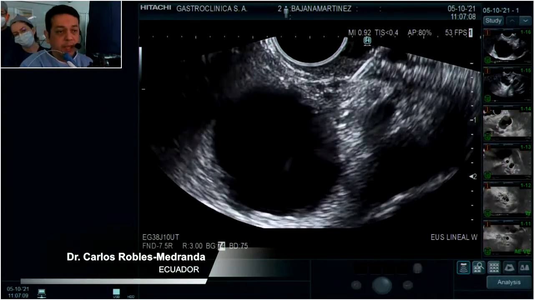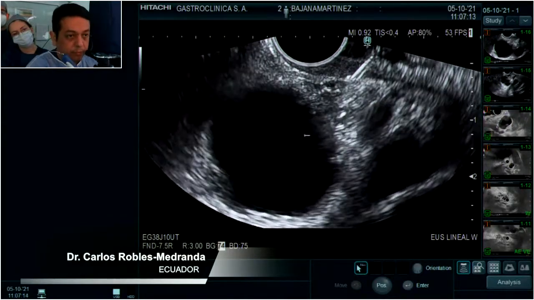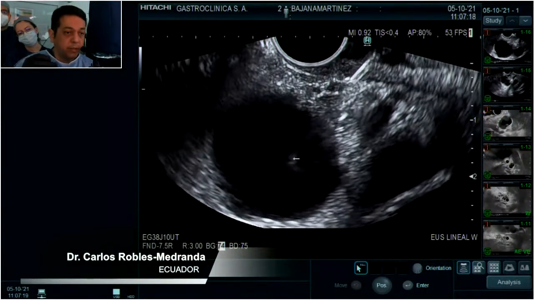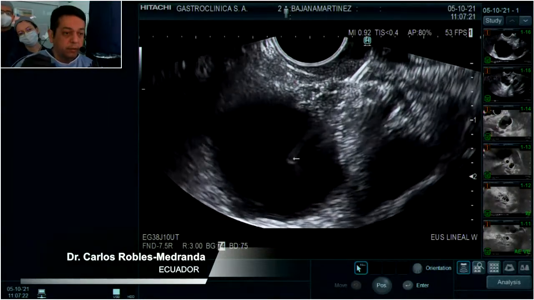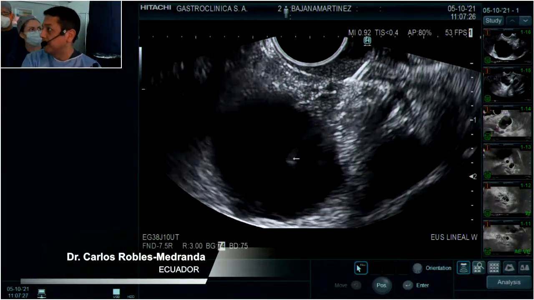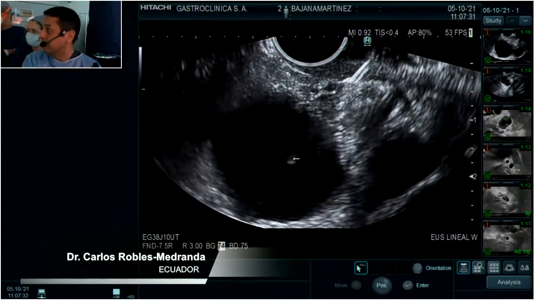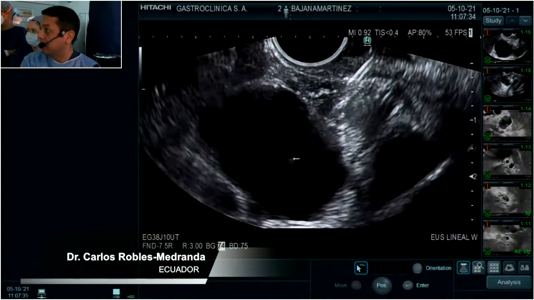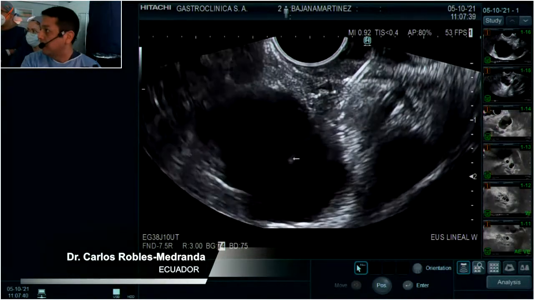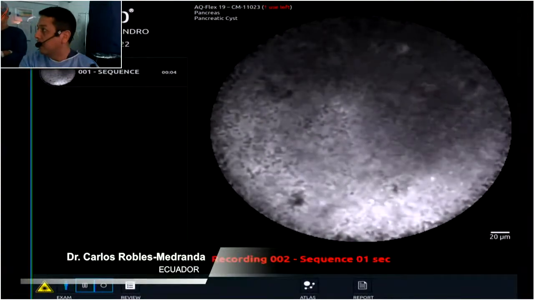So I am inside the lesion. You can see here my needle. Okay, so I will push my confocal. Confocal is going out. It's there, so we need to use fluorescein injection. And now we are looking. Now we're looking very well.